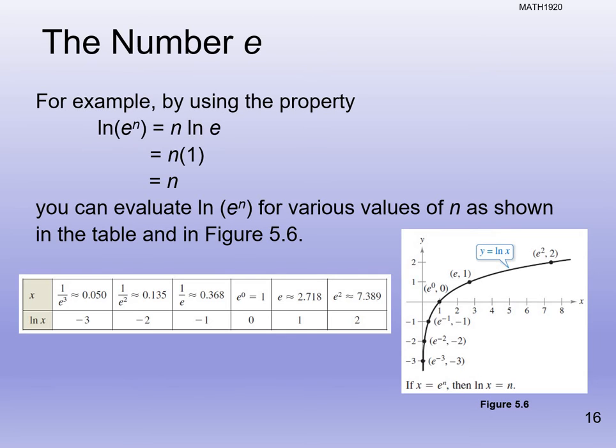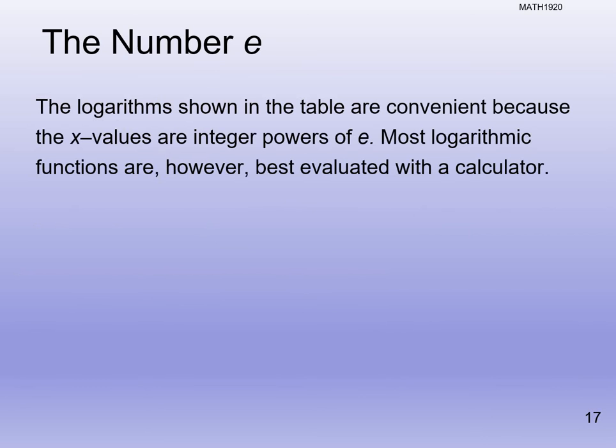And that's why it's the base. So we can see how those values work out and relate to one another. But for the most part, most logarithmic functions are much easier for us to evaluate with a calculator.